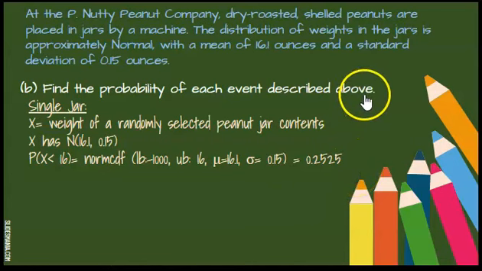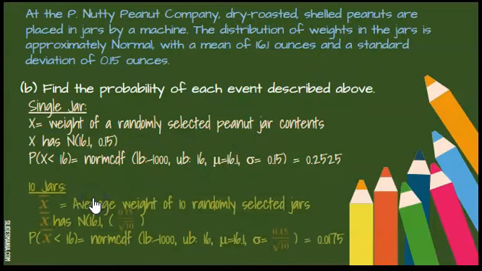Okay, so the next part says, what about a sample of 10 jars? Now X bar is an average weight of 10 randomly selected jars. It's not just one, it's 10. And X bar, because the population was normal, also has a distribution that's approximately normal. The average is the same, but notice my standard deviation has changed.